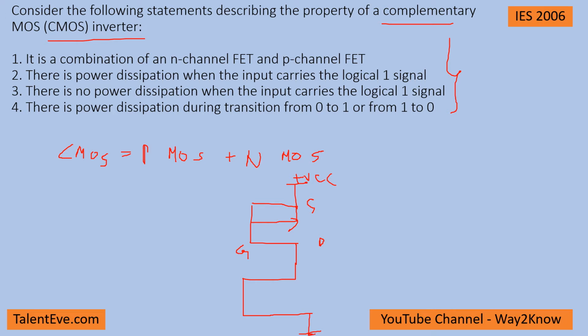And now the N-channel MOSFET source shall be grounded. So this is N-channel, this is P-channel. The common drain between these two is taken as the output.